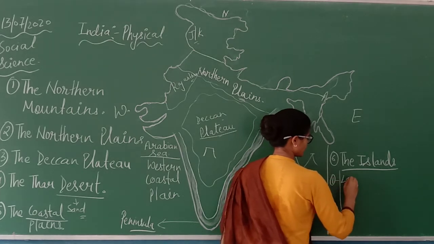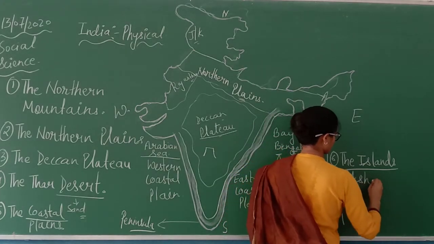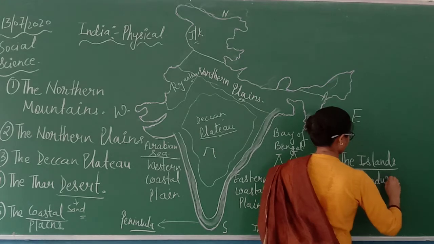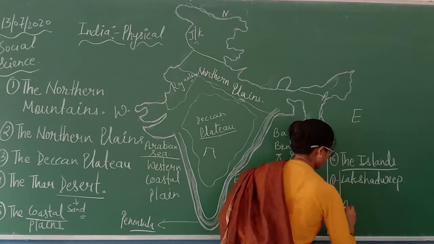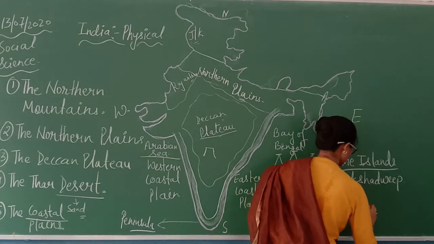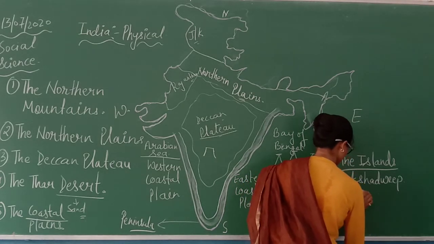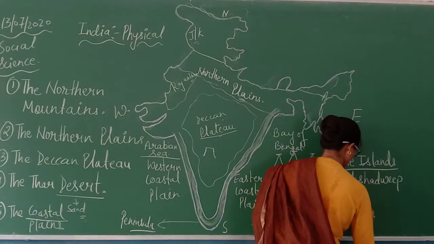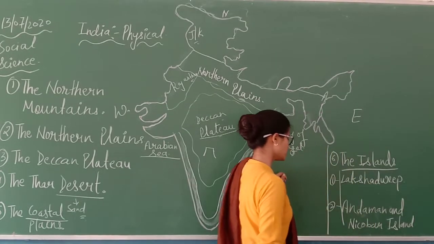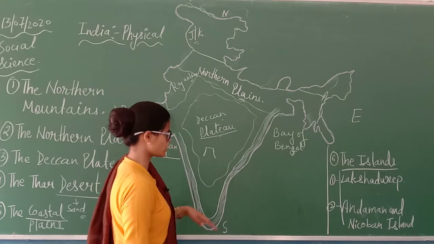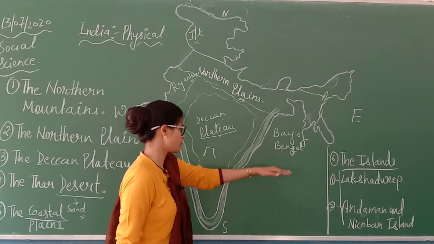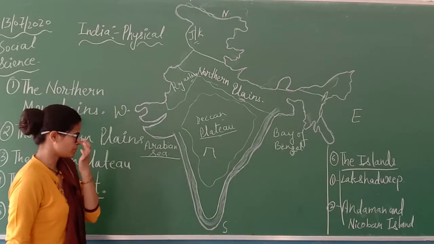Number 1 we have Lakshadweep Island, and number 2 we have Andaman and Nicobar Island. So these two islands, as I already wrote here, here is the Bay of Bengal and here is the Arabian Sea.